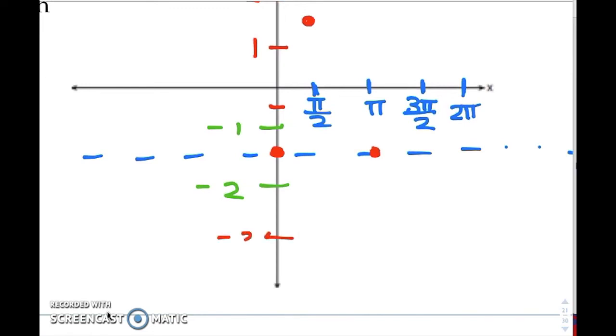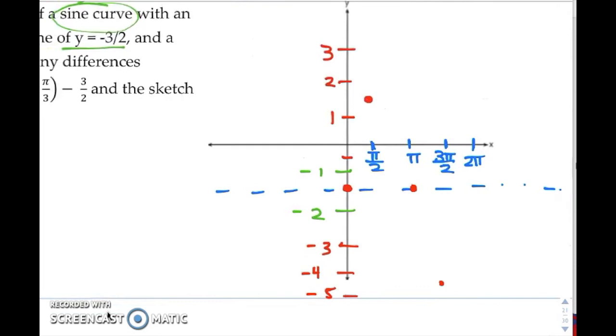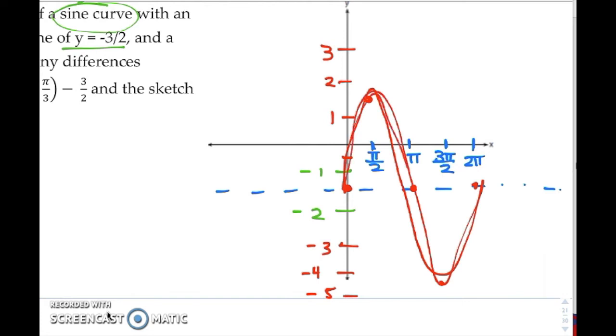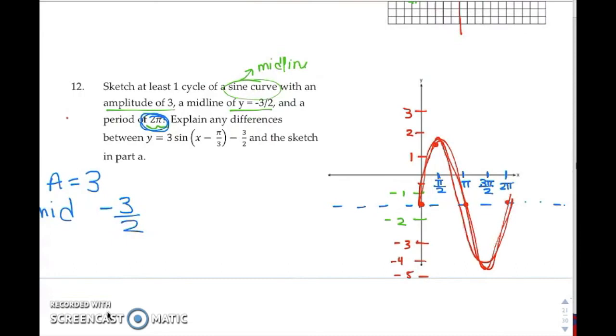So -3, -4, -5. It should be right between those. And then go back up to its midline. So it should look like this. Hopefully that's easier for you to connect on paper than it is for me on here. So that would be what that looks like, and that's one cycle of this curve.